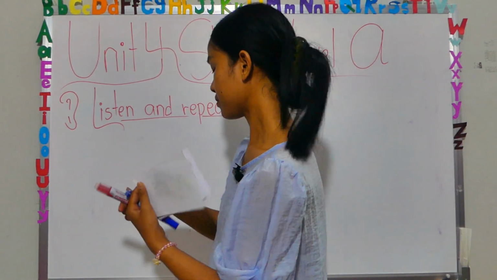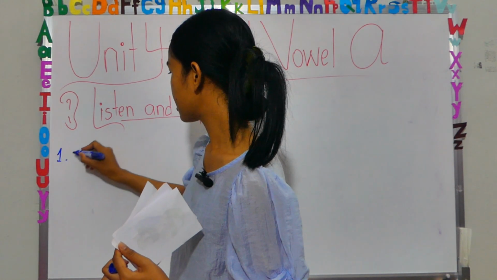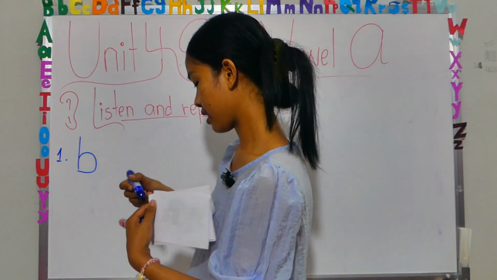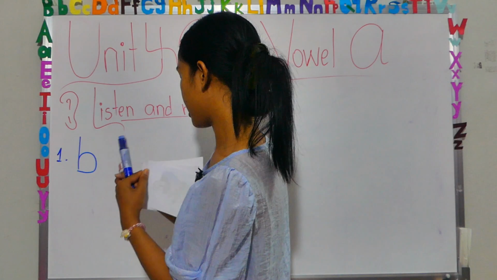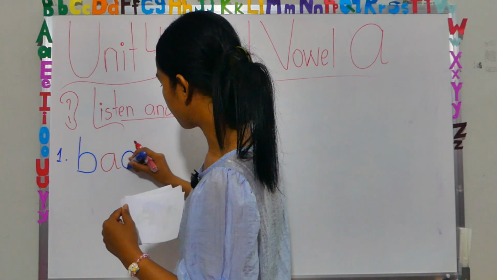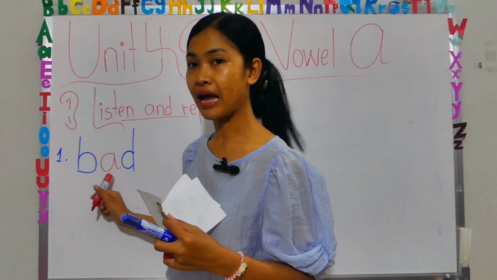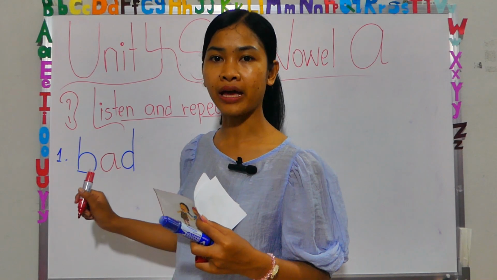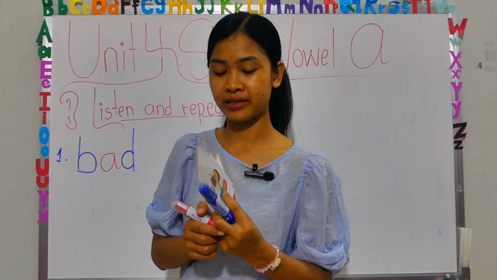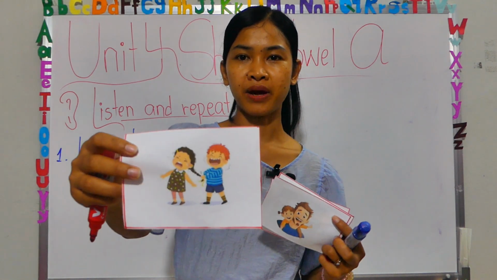Okay. So what is B? B is B. A is A. B, A, D, bad. Bad, like no. This boy is bad.